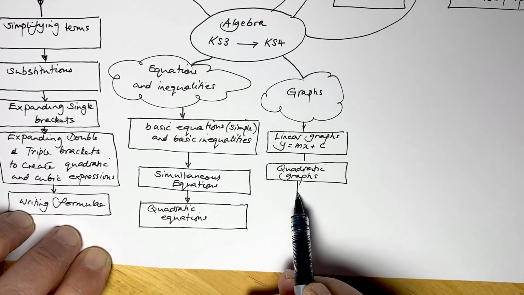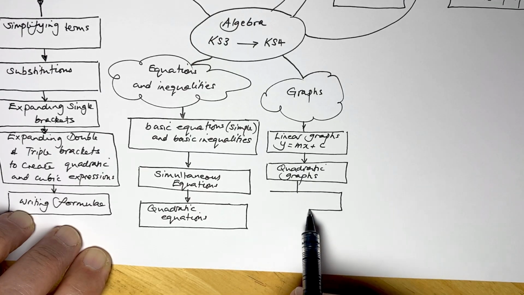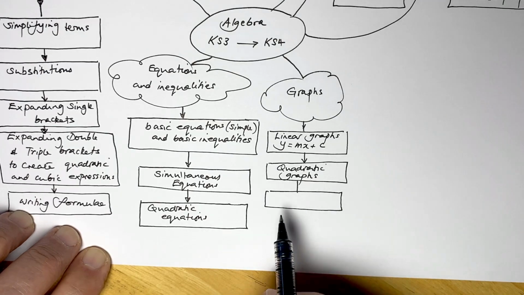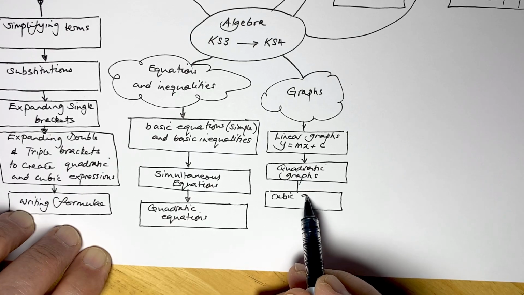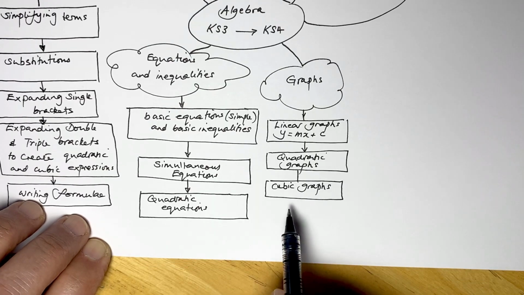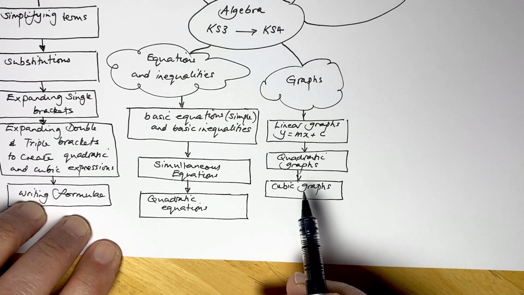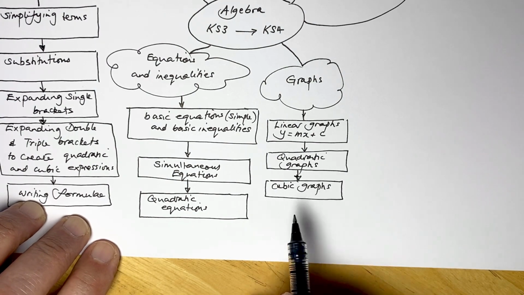We could show the concept of cubic graphs by means of plotting or recognizing. We can go from here to linear and quadratic inequality graphs.